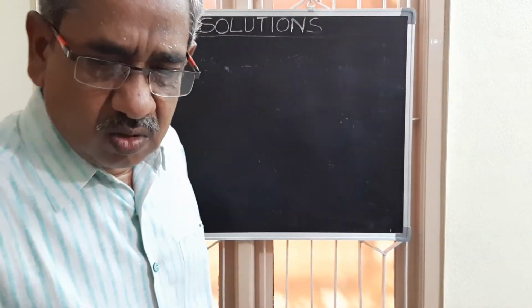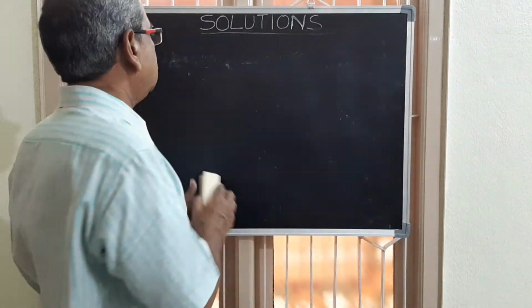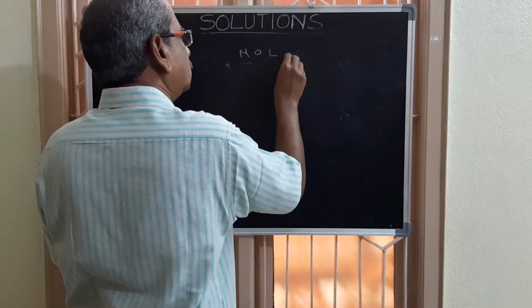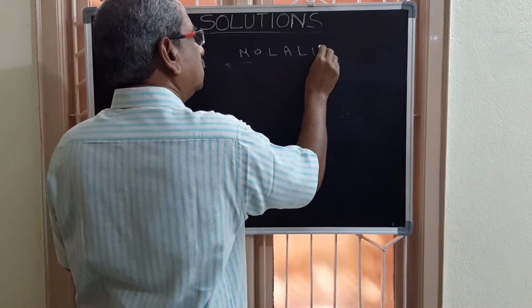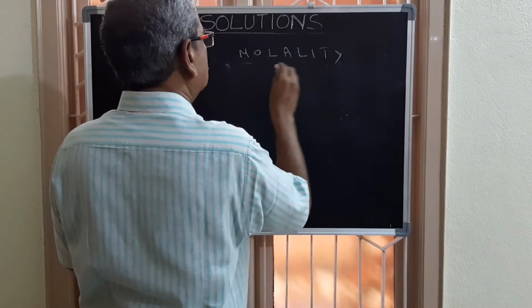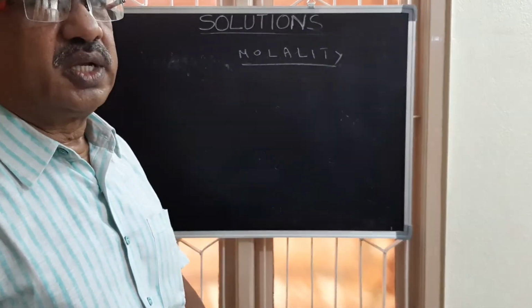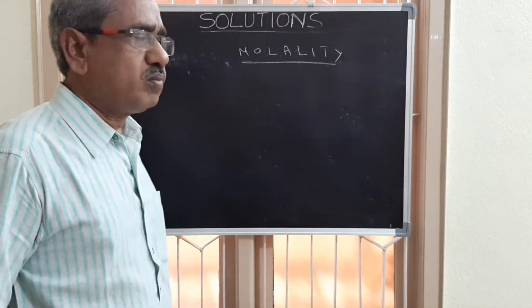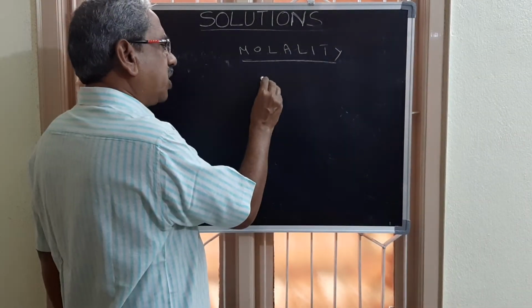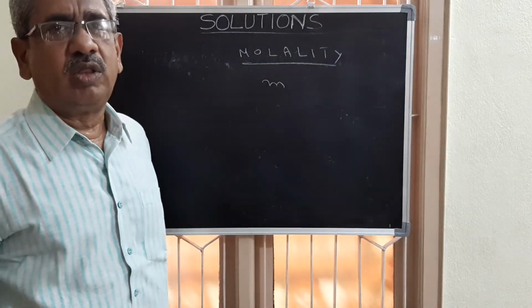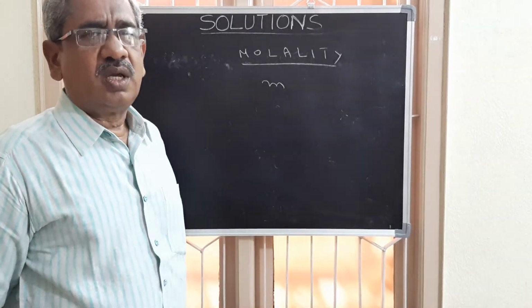Next concentration unit is molality. It is denoted by small m.